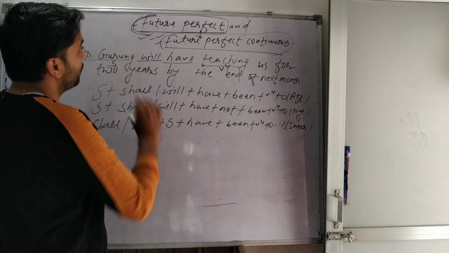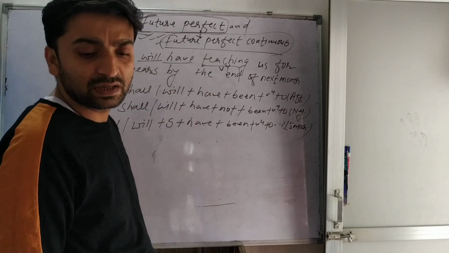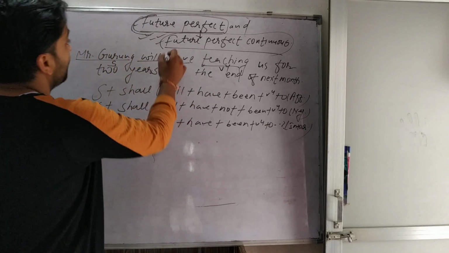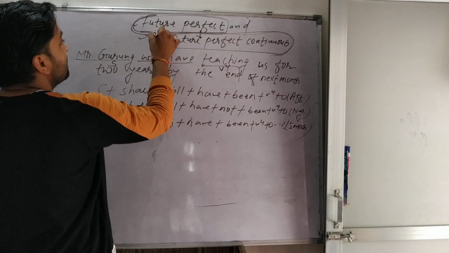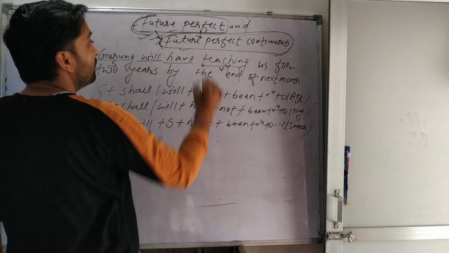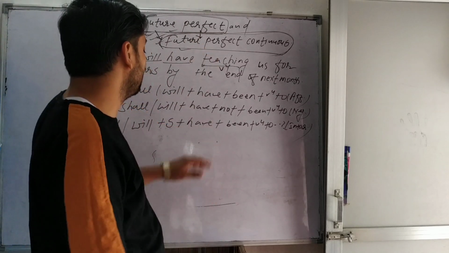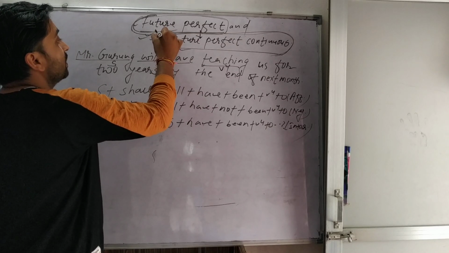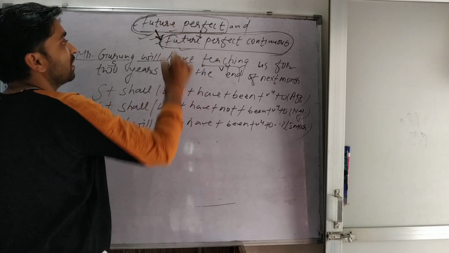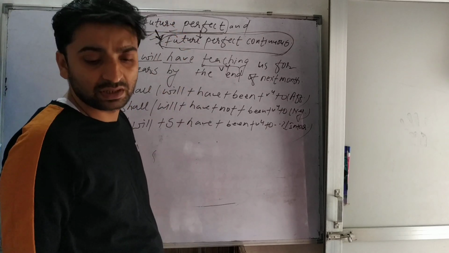Okay, so we are talking about the future perfect continuous. Now here, where to use the future perfect continuous, or what are the differences between future perfect and future perfect continuous? The main thing you need to understand here is that sometimes we are confused between the use of future perfect and future perfect continuous.